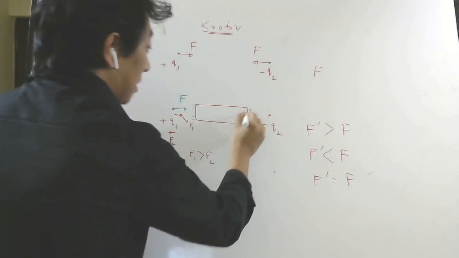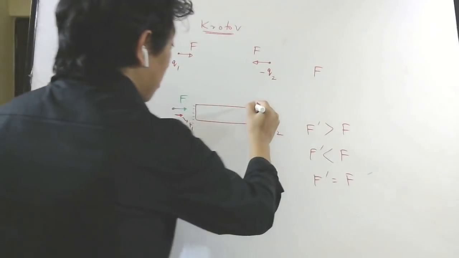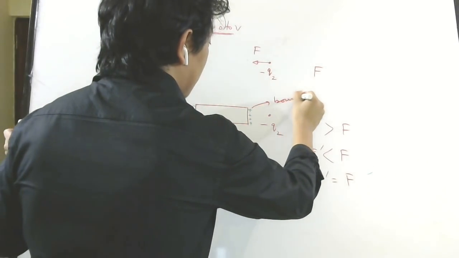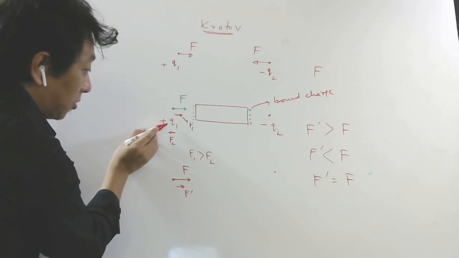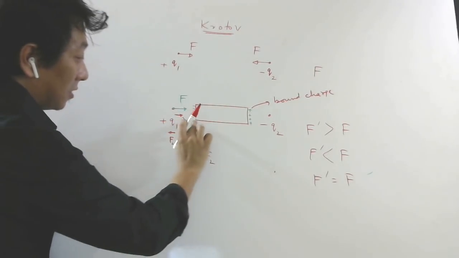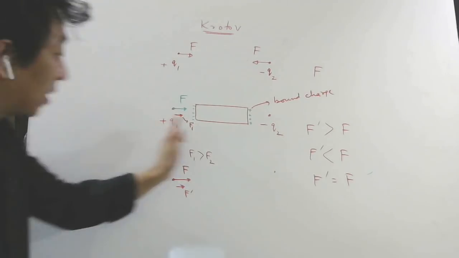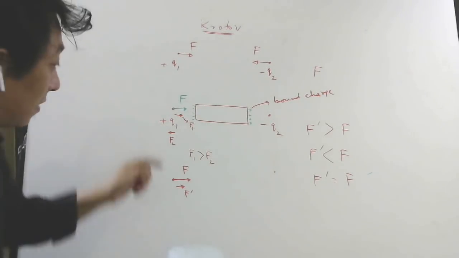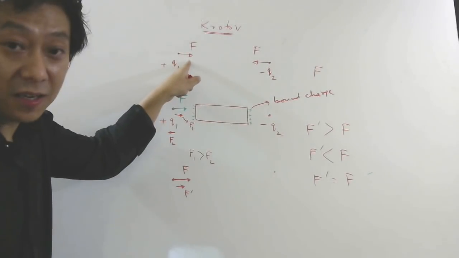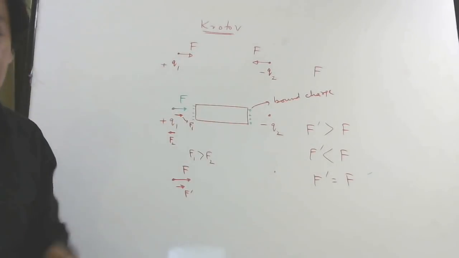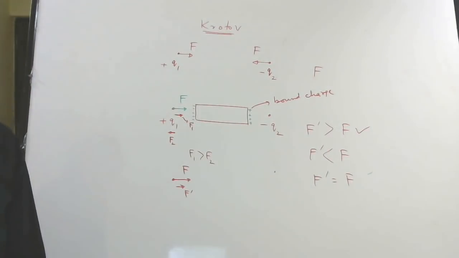These charges formed on the ends of the dielectric medium are called bound charge in physics. These charges will also exert force on this charge. From whatever we have analyzed, the attraction will be more. Since it was already attracting, it will add with this attraction, and therefore the force now will be greater than the force before.